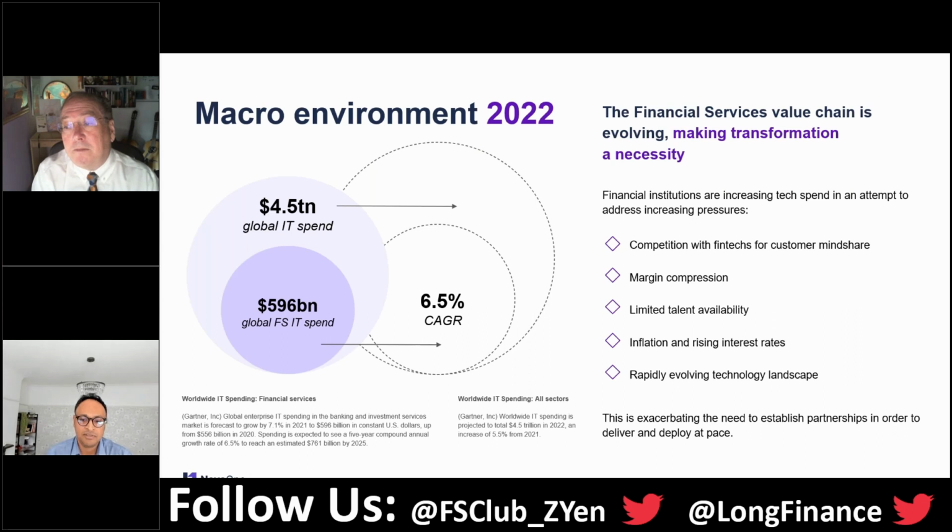But the other couple of things accelerating the need for innovation are the shortage of talent and skills. The way I look at it, if an individual has two options to work, a traditional financial services firm or a new fun fintech with a tennis table and a stocked fridge, sometimes it's not a hard decision to make.